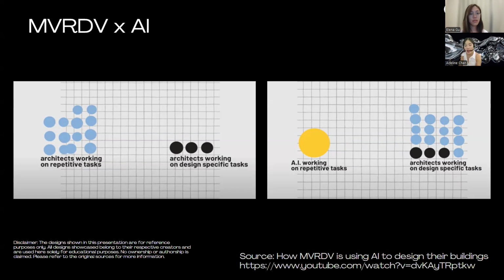So AI comes along, that's the yellow here. It takes on repetitive tasks so that the rest of us can work on design-specific tasks. Now, I'm sure some of you are thinking, what if there aren't that many projects out there to be designed? We'll get to that in a moment.